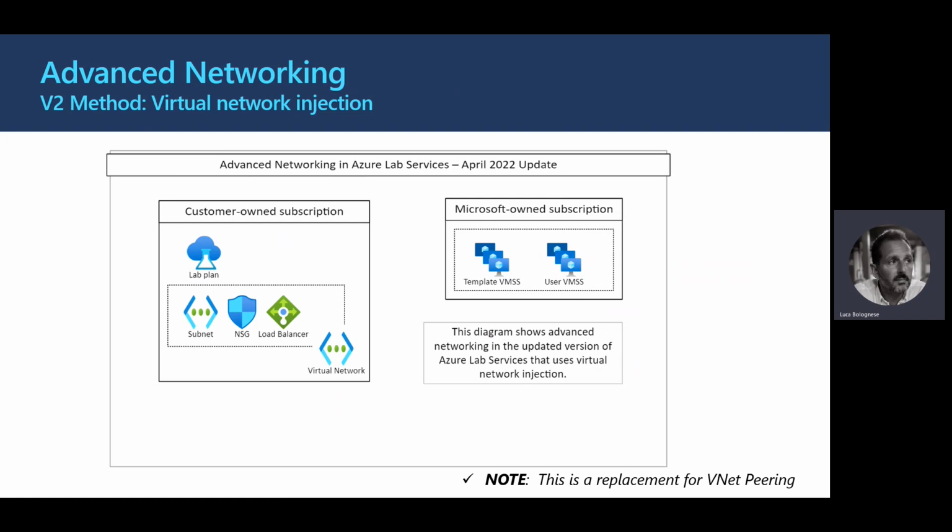There is no peering relationship anymore, which makes a lot of stuff work because things are on your subnet now. At the same time, it's slightly more complicated to create because you have to do things on your own. You have to create the subnet, set up the security group, and so on and so forth. But we have documentation on how to do all of that. But it does enable more scenarios.